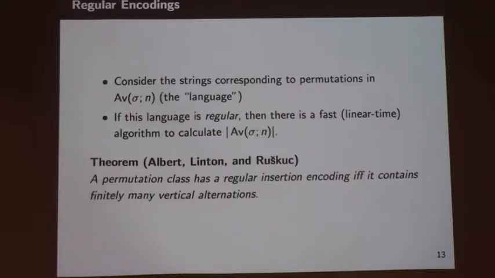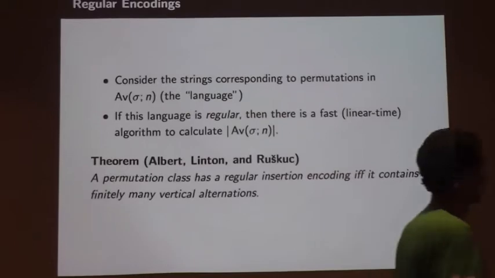The only thing that's important for what I'm doing is this characterization down here, which is: the permutation class has a regular insertion encoding if and only if it contains finitely many vertical alternations. And let me explain what a vertical alternation is, because that is actually important for what I'm going to do.